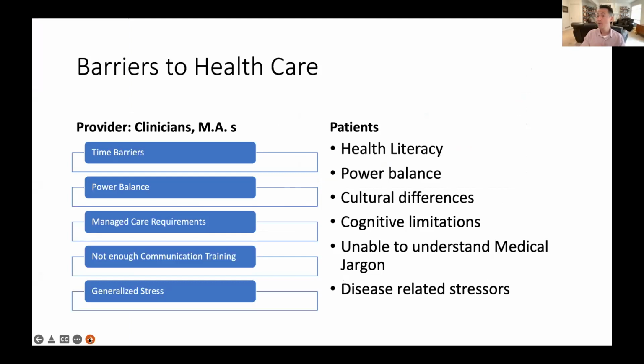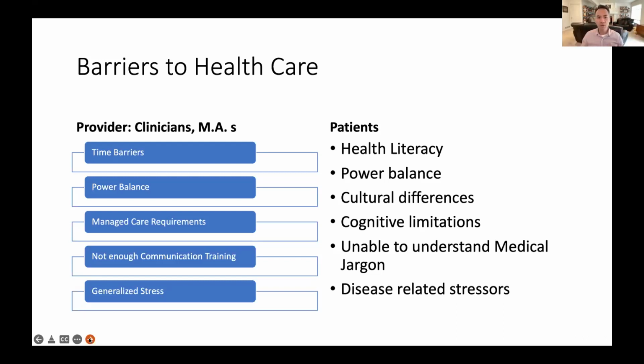For some of you, 15 minutes may be your max to get information, maybe less in some areas. There's also a power balance between patients and providers, which Dr. Williams chatted about too, where there's not equality in terms of discussion. The medical field sometimes takes on the higher level of power, and so people have a harder time coming up to talk with their providers.